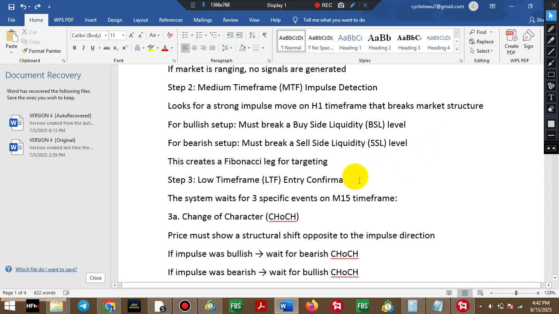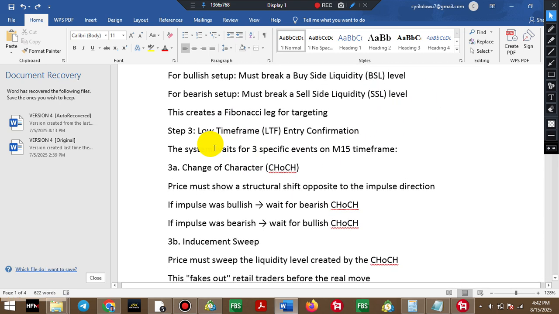It also depends on the lower time frame of your choice, which you have input in the settings for it to check for you. By default, it's 15 minutes. So this entry model has 3 different conditions before an alert is triggered or before a buy or sell signal is sent to you.